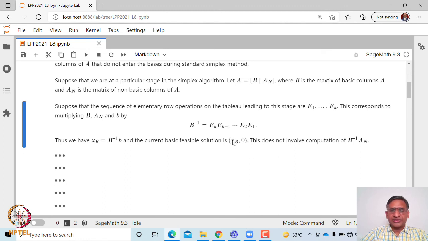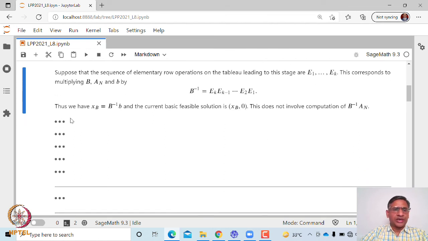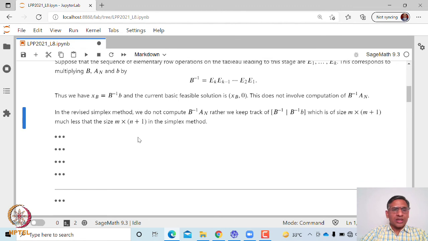So the computation of the basic feasible solution does not require computation of B inverse times AN, where AN is the matrix corresponding to non-basic variables, right? And if you compare this in this revised simplex method, as I said, we do not require B inverse AN. What we require is B inverse and the last column, which is B inverse b, and this is nothing but an m cross m plus 1 matrix.